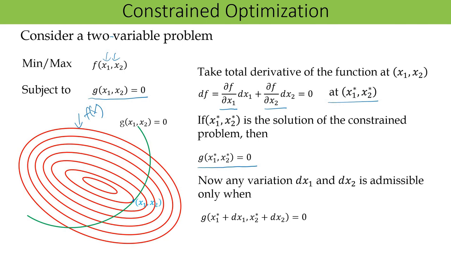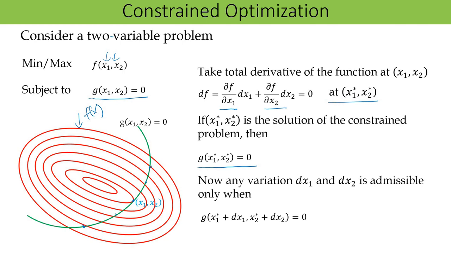It may be at any point, suppose you are here or here, but this must be equal to 0. Otherwise that particular solution is not a feasible solution, because it is not satisfying the constraint.